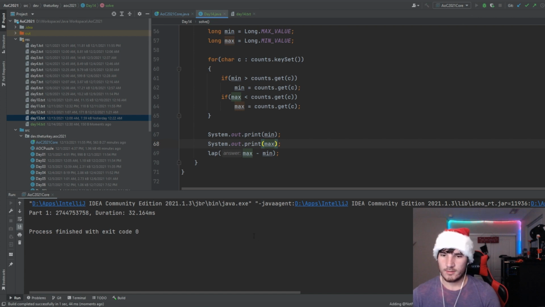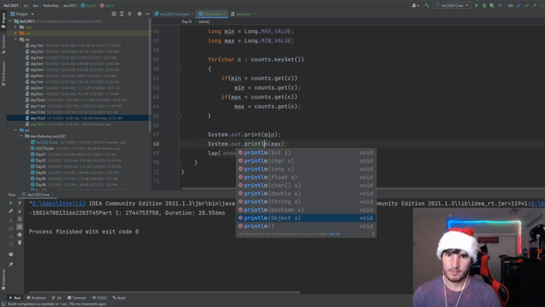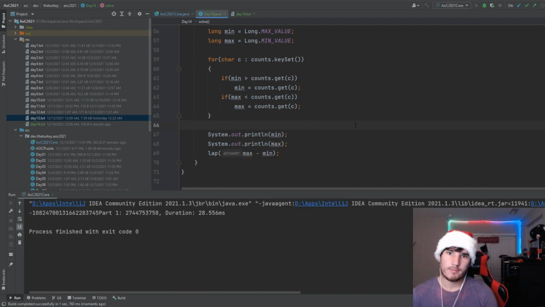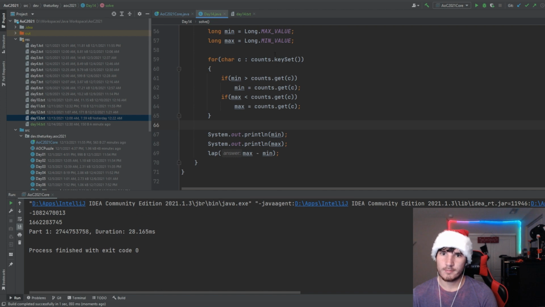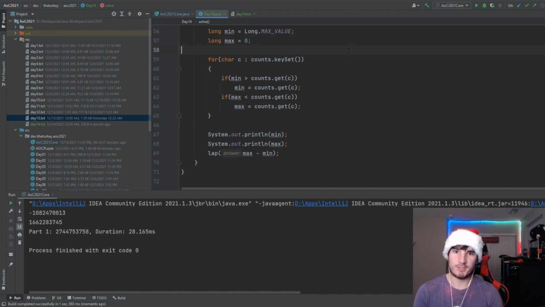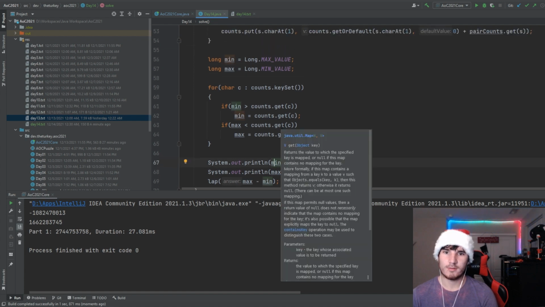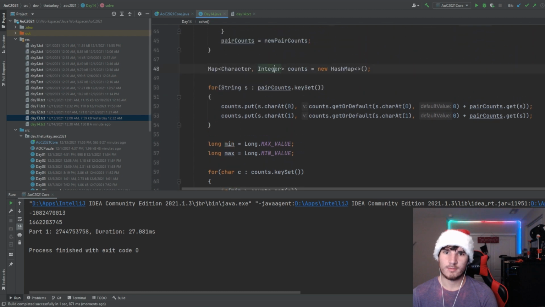What am I looking at here? Oh, print line. Because that should be 0, not the min value. Well, I guess that doesn't matter either way. Why is the min value a really low negative number? Because that needs to be a long.